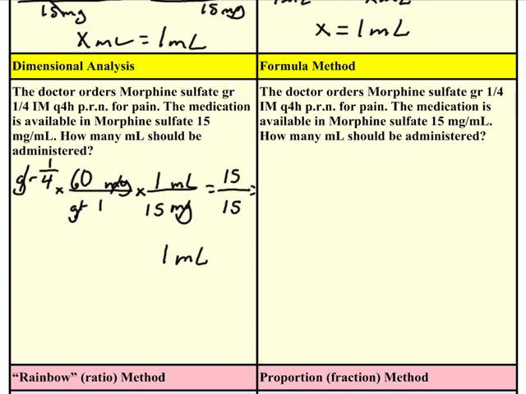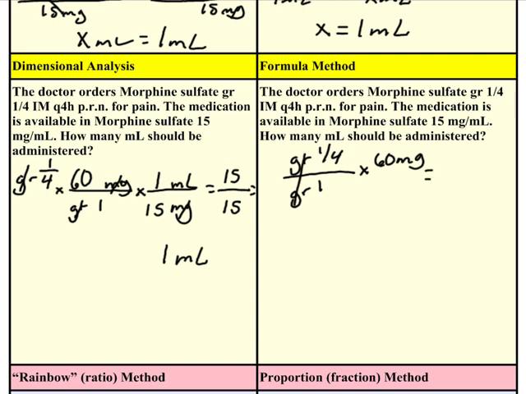We can also use the formula method to do this calculation. The order is for grain 1/4 and the supply is available in 15 milligrams per ml. We need to convert grain 1/4 into milligrams. We can do this by taking our grain 1/4, dividing by grain 1, and multiplying by the 60 milligrams I know that's equal to.